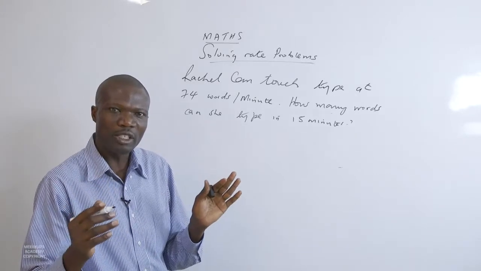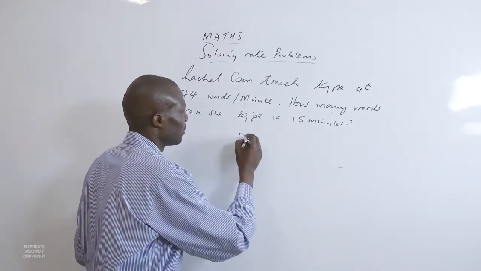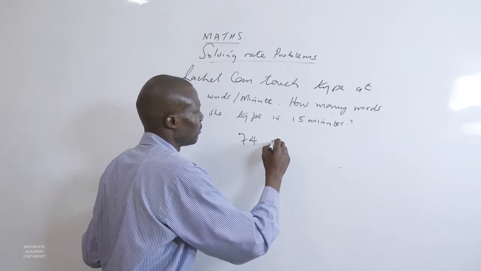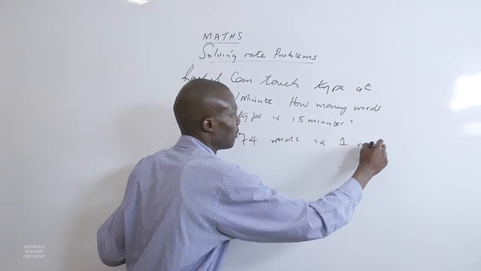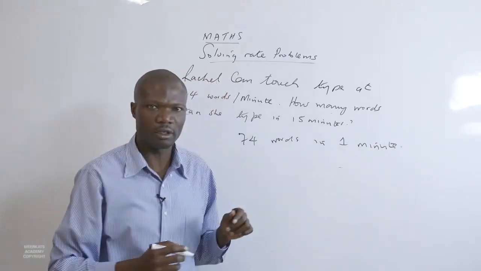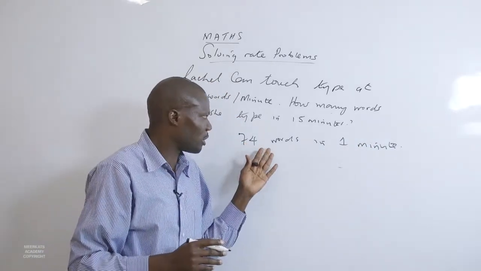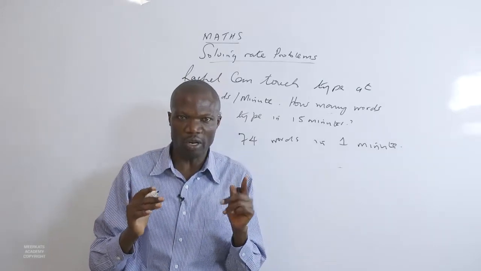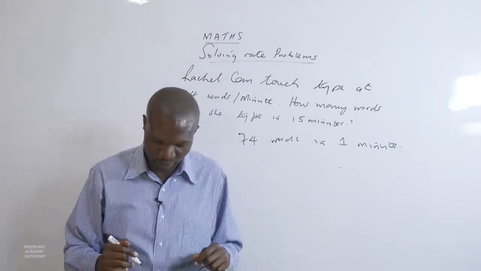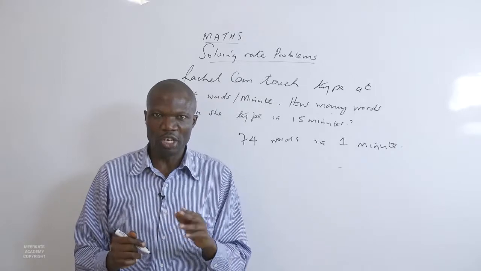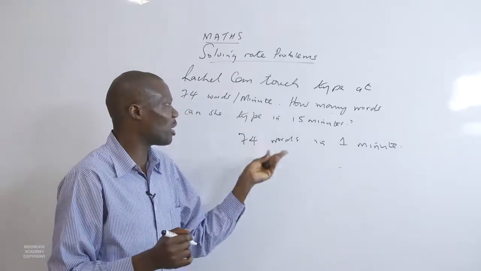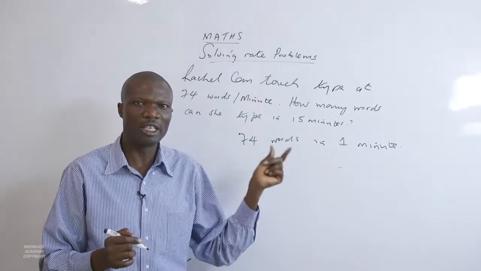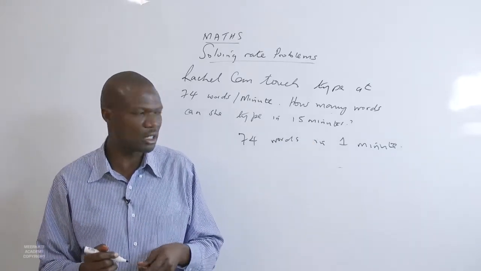How many words per minute? 74 words in 1 minute. The question is asking us to find how many words she will type in a period of 15 minutes.